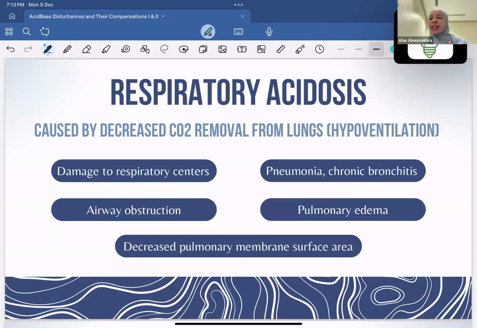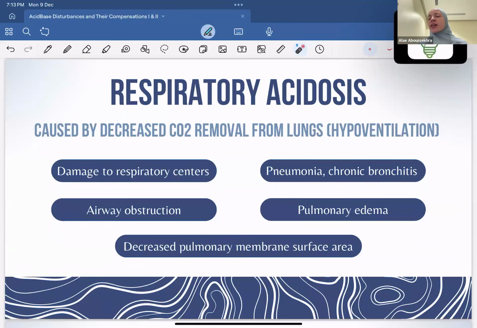So the CO2 accumulates and it increases, okay? So this happens in conditions like damage to respiratory centers, pneumonia, chronic bronchitis, airway obstruction, pulmonary edema, and decreased pulmonary membrane surface area. So any condition that's going to cause decreased removal of CO2.